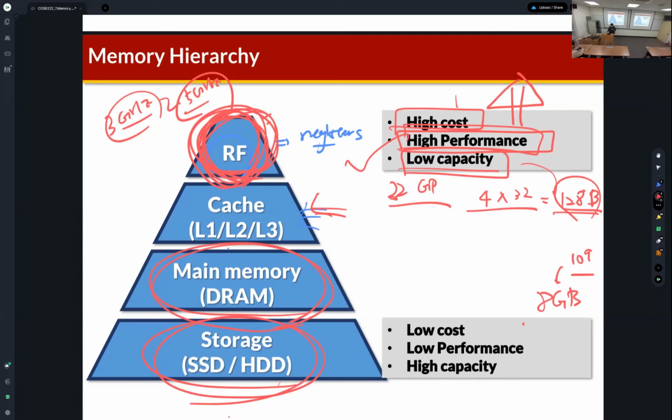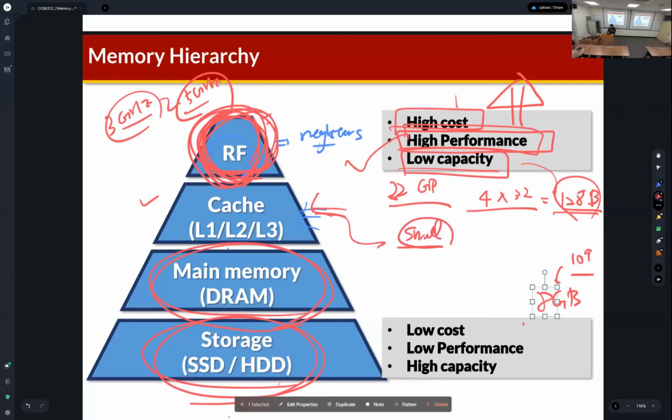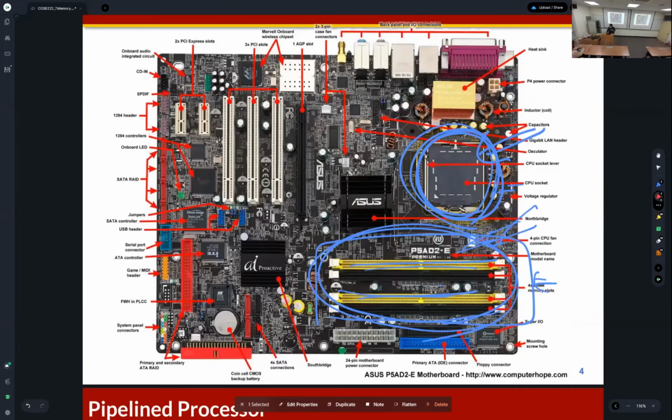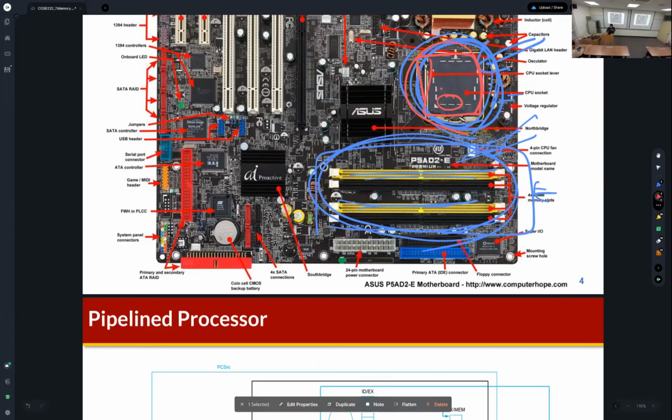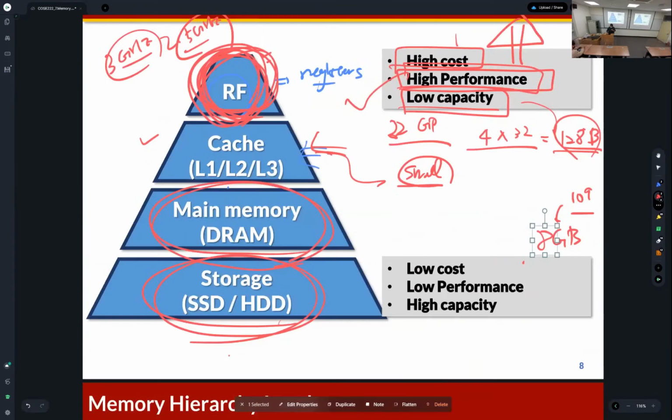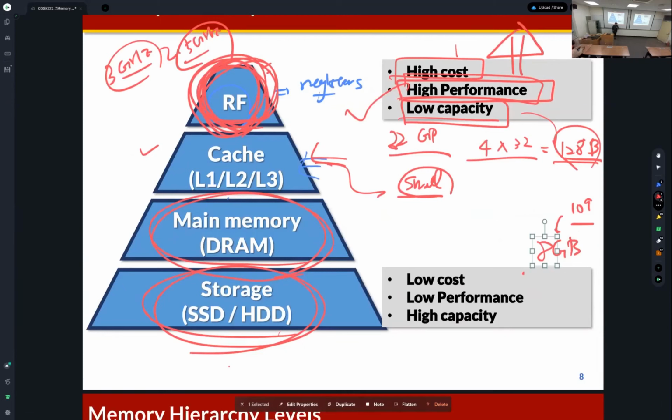And now we will learn about the cache. The cache is a kind of small memory, and it is included in the processor chip. In this figure, the CPU is here, and the cache is included in the CPU, so the caches are internal memory. The size of the cache is smaller than the main memory, which is DRAM.